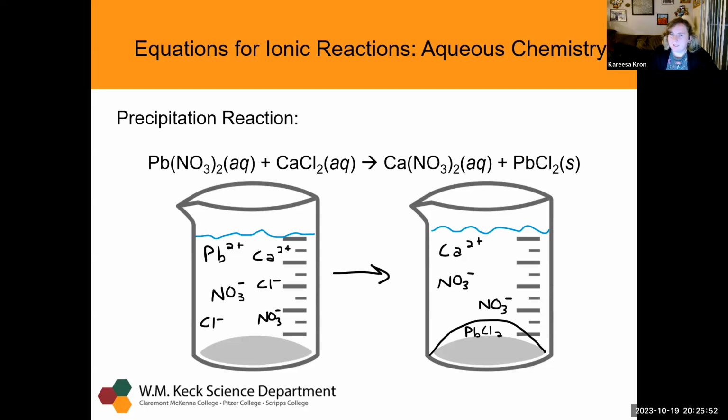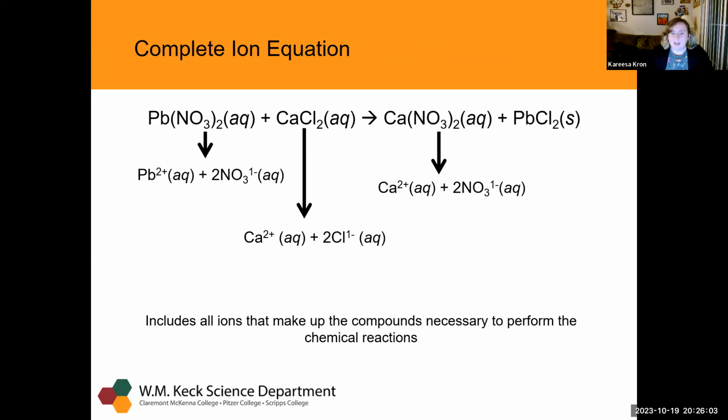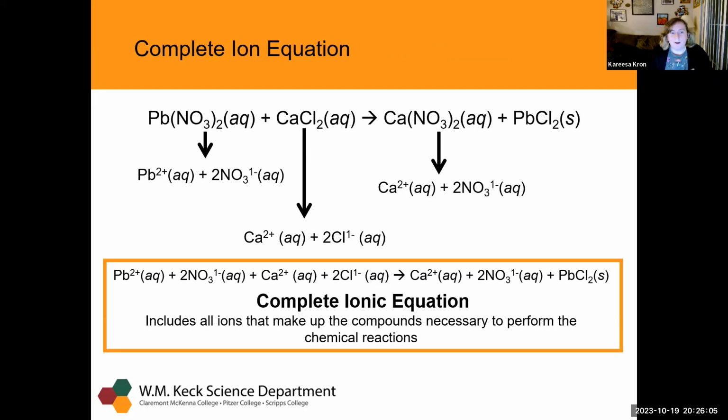And so what we're interested in then is how do we represent this in a chemical reaction so that we can understand what's happening more easily? We have this notation where you can split up this lead nitrate into lead and nitrate and add that to a formula, so that instead of just writing a molecular formula with everything still attached as though it's a molecule, we can split it up into the ions like they look in solution.